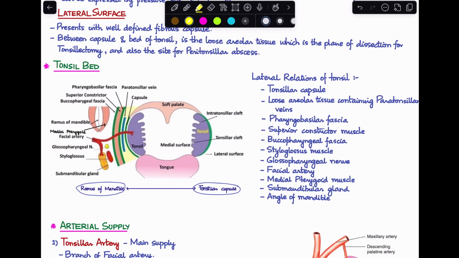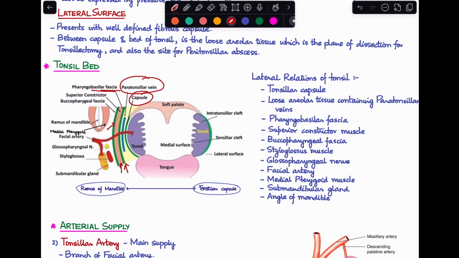So, all the lateral relations of the tonsillar bed are, first of all, our tonsillar capsule. Then, lateral to it lies the loose areolar tissue which contains the paratonsillar vein. Then, we have the pharyngobasilar fascia, which is this green structure. Then, we have the superior constrictor muscle over here, lateral to which lies the buccopharyngeal fascia.